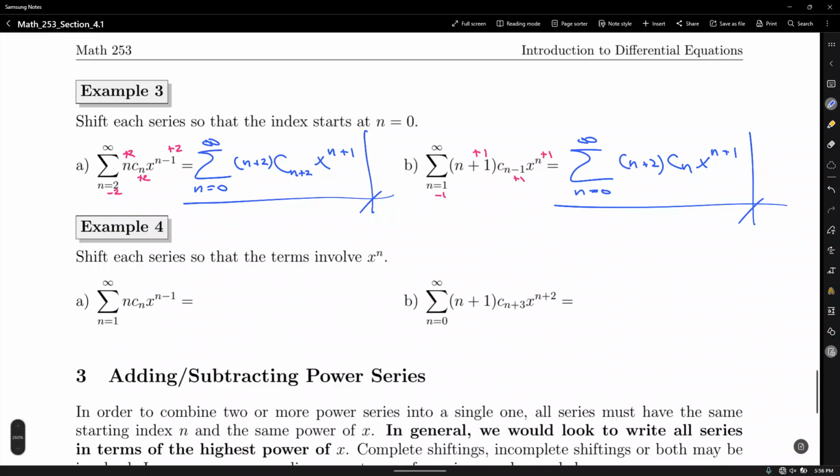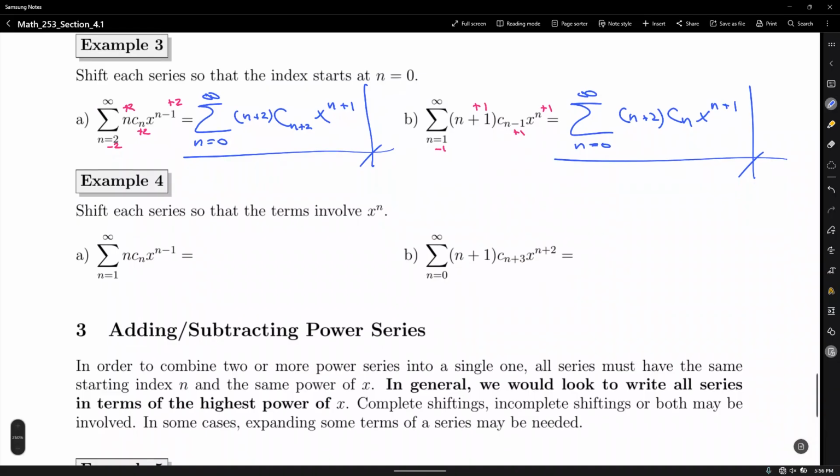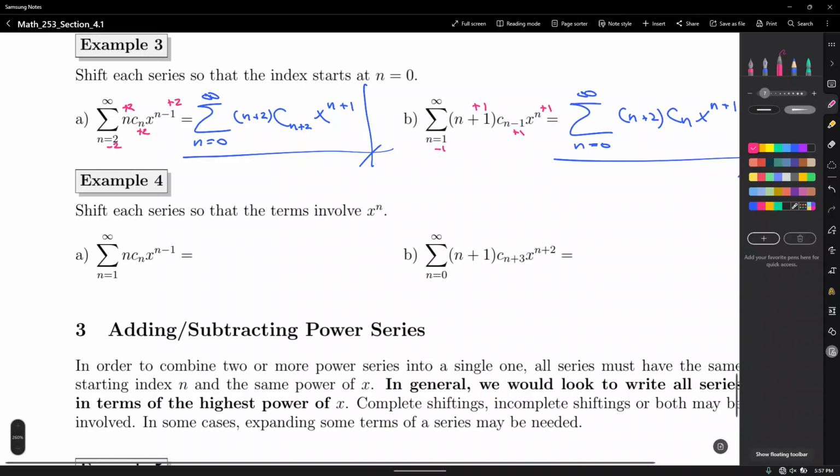In some other cases, we may have other needs. Maybe this time we care about the power of x. So let's say we want to write this given series so that the terms involve an x to the n power. Focus on the power of x. To turn this x to the n minus 1 into an x to the n, we would need to add 1 unit.